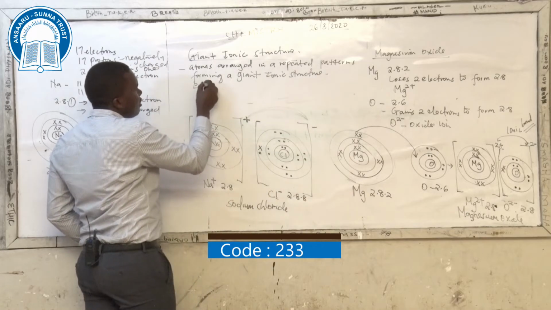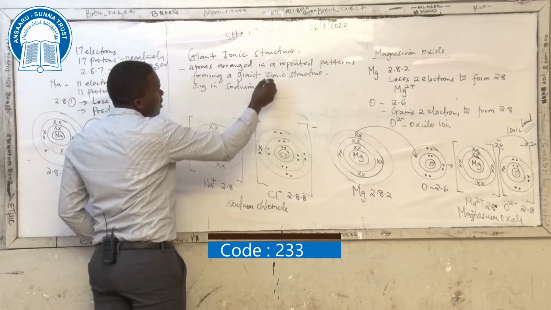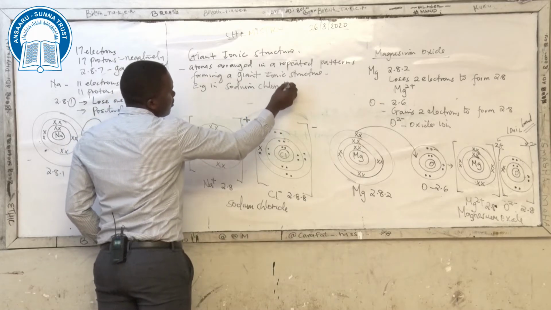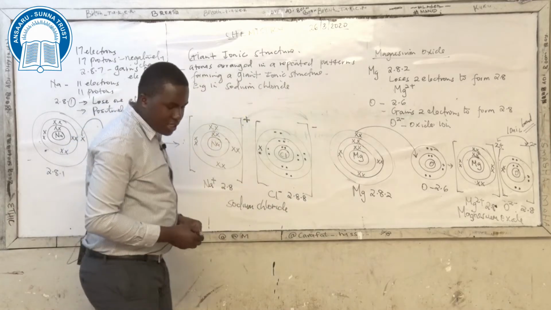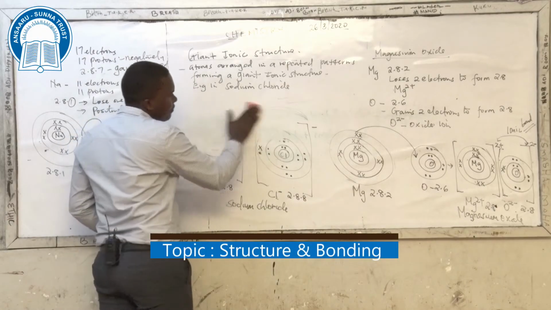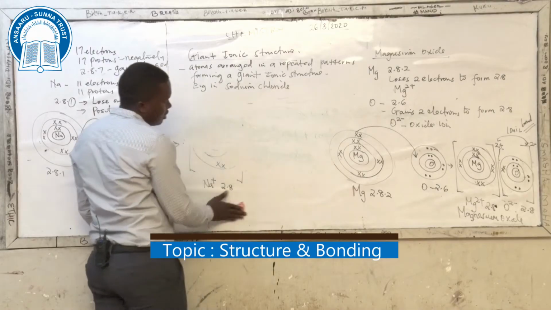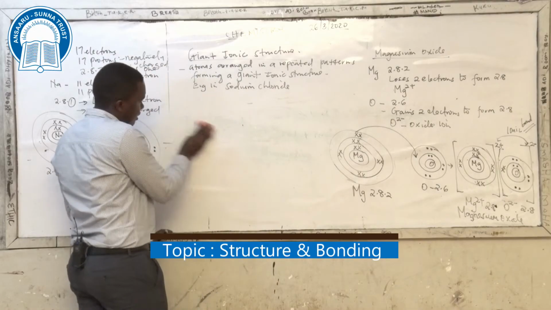For example, in sodium chloride, you'll find the sodium and the chlorine ions are arranged in a regular pattern, forming a crystalline giant ionic structure.